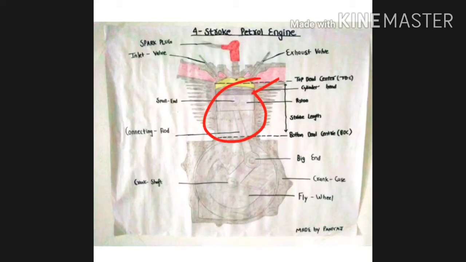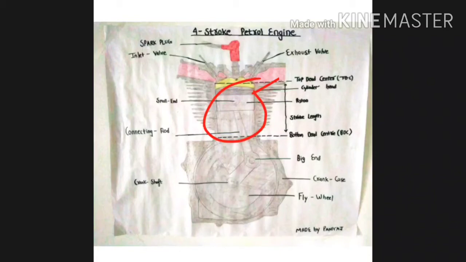And this is the crankshaft. Basically, the crankshaft takes the input from the connecting rod and converts the motion into rotary motion. This is the main function of the crankshaft, and the crankshaft also has a connector which is called the big end.